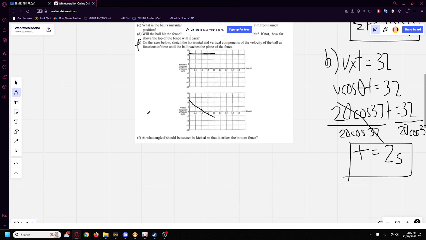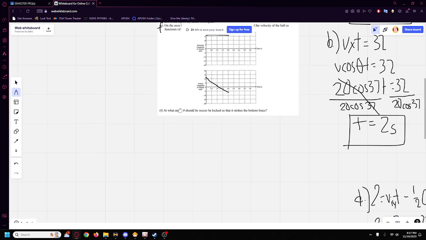So part G asks what angle should the soccer ball be kicked so it strikes at the bottom of the fence.